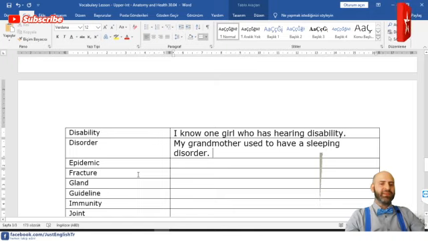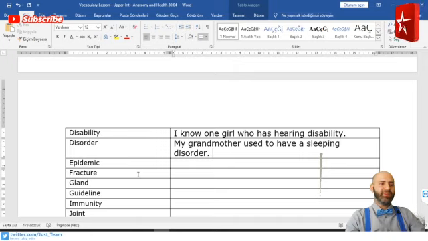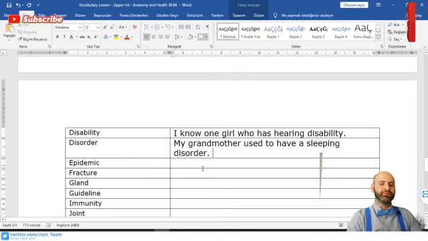Epidemic, you understand probably the word because it's very popular these days. Epidemic means when something is spread very widely and very soon, in a short period of time, okay?